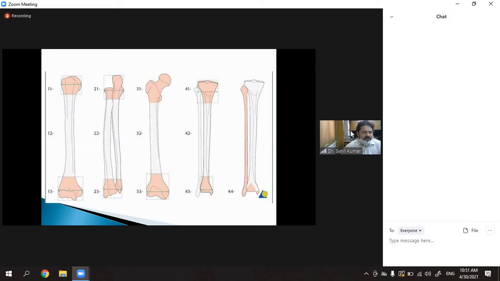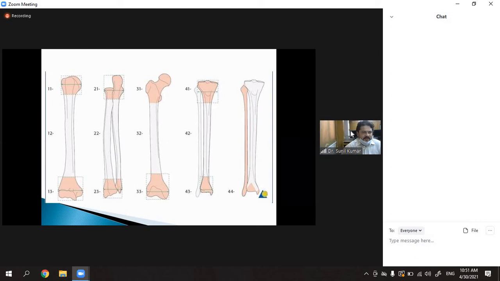In the humerus, 1 is the humerus and the second 1 is the proximal; 1-2, 1 is the humerus and 2 is the diaphysis; and 1-3, 1 is the humerus and 3 is the distal part. Same in the radius ulna: 2 is for the radius ulna, and 1 is the proximal, second is the middle diaphyseal portion, and third is the distal portion.